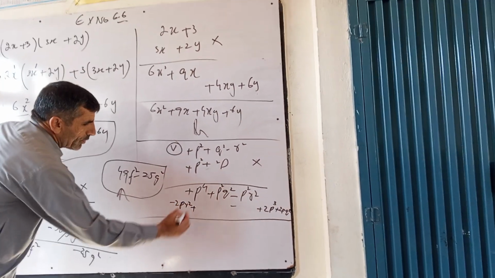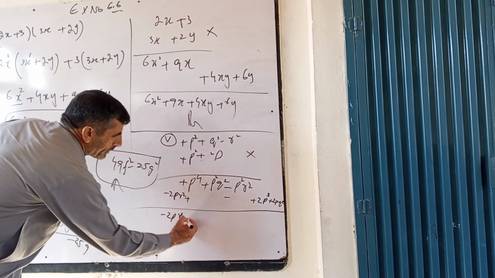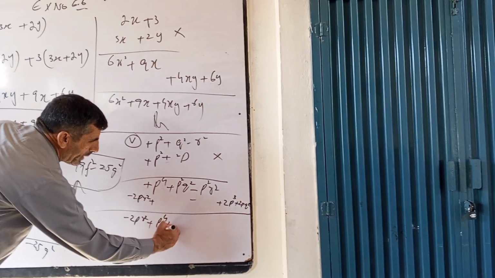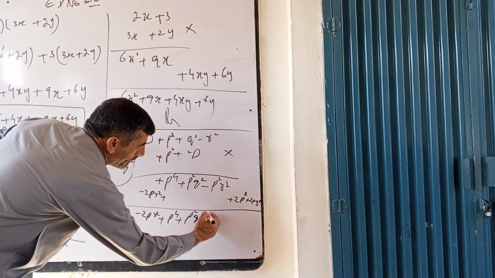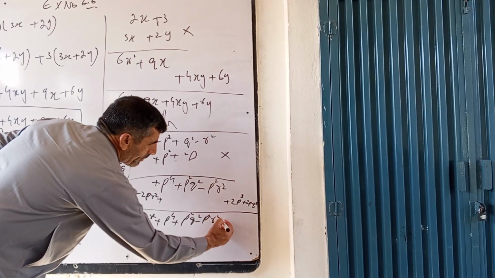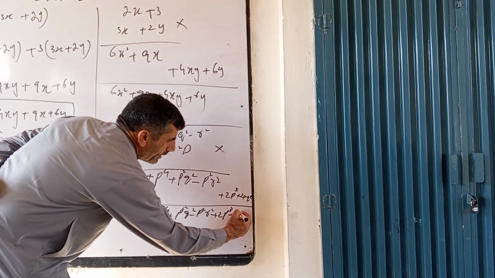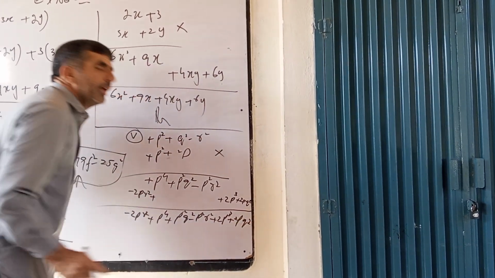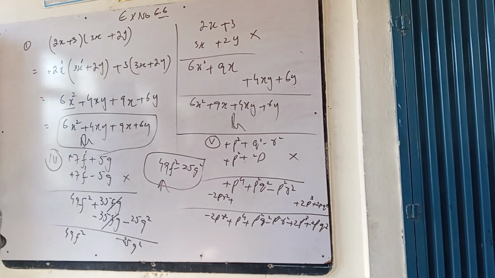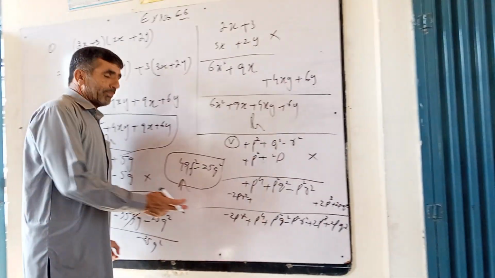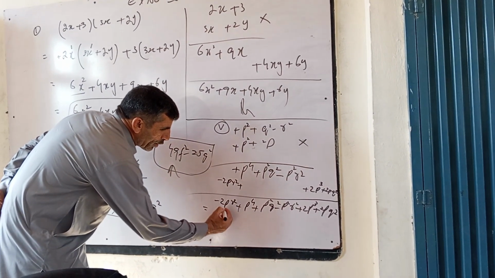Now we shall add up, so it is equal to minus 2p r square plus q to the power 4 plus p square q square minus p square r square plus 2p cube plus 2p q square. Now I shall write it in descending order with respect to p. So the power of p here is 4, so I shall write p to the power 4.